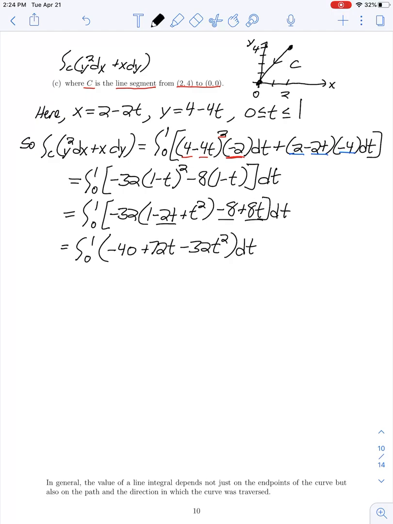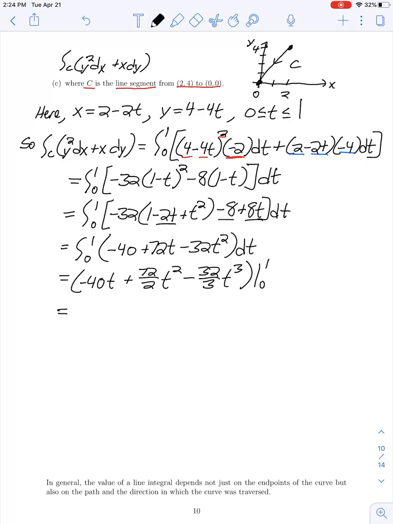So if we find our antiderivative, we have -40t plus 72 over 2 t squared minus 32 over 3 t cubed, from 0 to 1.